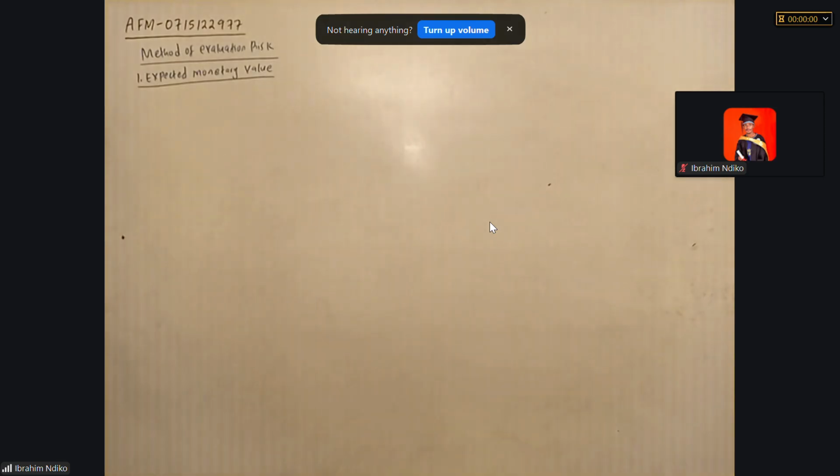So expected monetary value, this one you did in QA, but we are just going to talk about it, just some introduction. I'm not going to talk about it so much because you already know it from your previous level. It is the average of the monetary value.